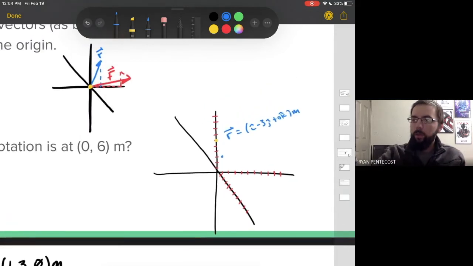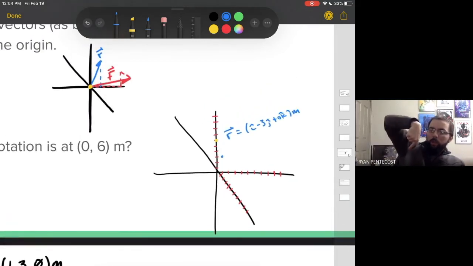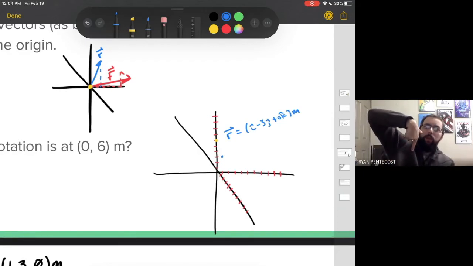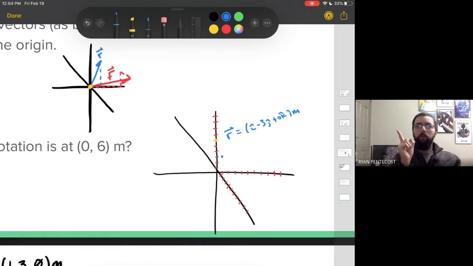Yeah, your force is still coming off that way to the right and kind of a little bit at you. So now the torque is positive. Whereas before, when the radius was pointing up and the force was in that direction, torque pushes away from you, so that should be negative, right?